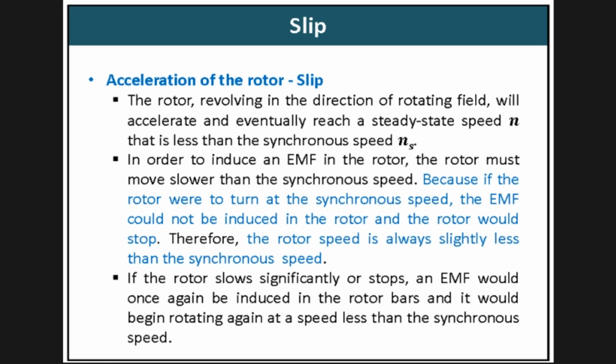So you will see that when the three coils are supplied with three-phase supply, there is a magnetic field created, and that magnetic field is rotating. So that rotating magnetic field will induce some EMF on the rotor bars.